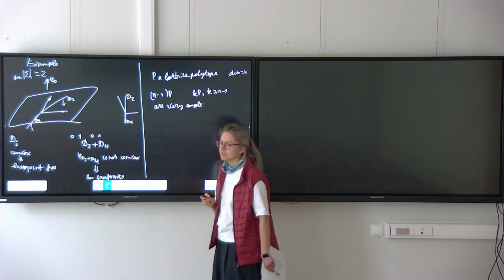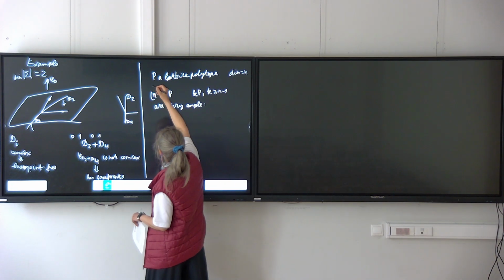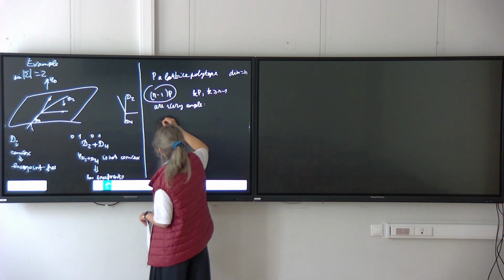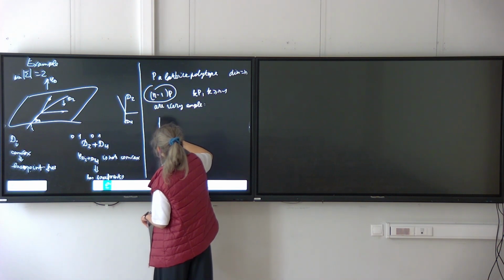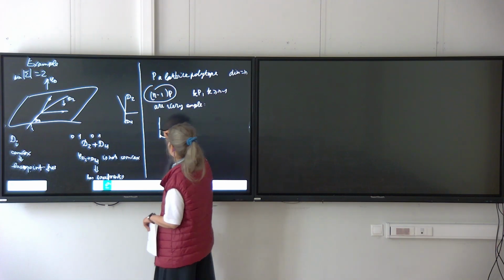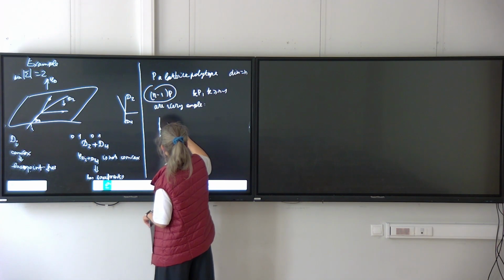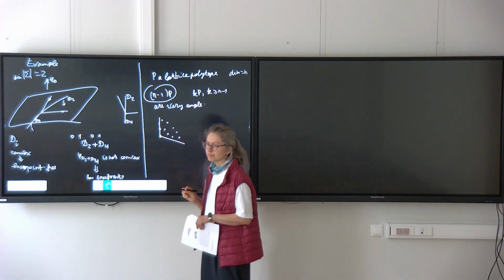So it means that if we take this polytope, for each vertex, if we set it to 0, then these points will generate M intersected with this cone.